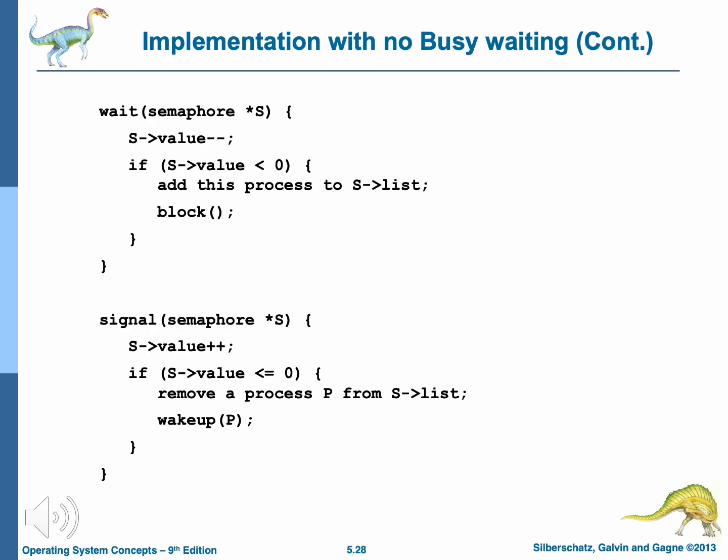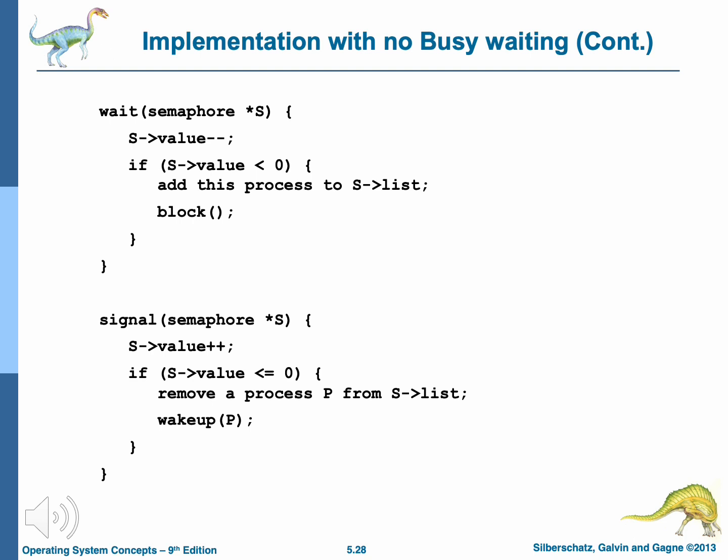The definitions of wait and signal semaphore operations are given here. The block operation suspends the process that invokes it. The wakeup(P) operation resumes the execution of a blocked process P. These two operations are provided by the operating system as basic system calls.